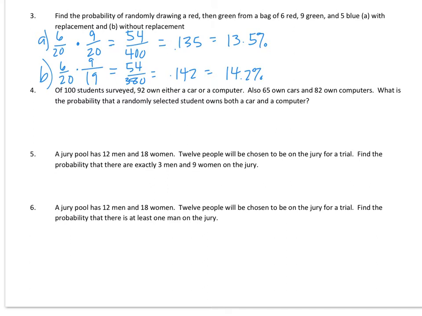Of 100 students surveyed, 92 own either a car or a computer. Also, 65 own cars and 82 own computers. What is the probability that a randomly selected student owns both a car and a computer?